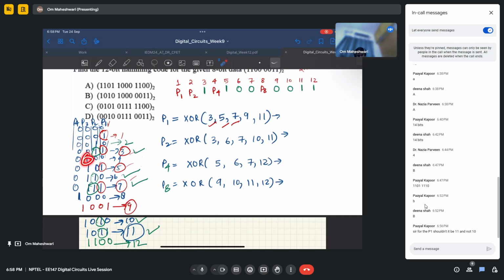So in 5, 6, 7, and 12, you have 1 in the third bit. And in the last bit, wherever there is 1, it will come. So it is 8. 8 itself is the parity bit. 9, 10, 11, and 12. So in all these four, there is 1 in the fourth position. So these four will be XORed for P8.